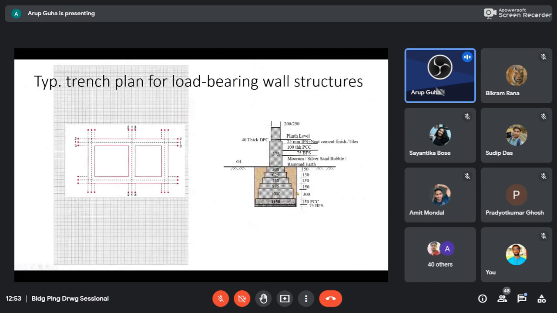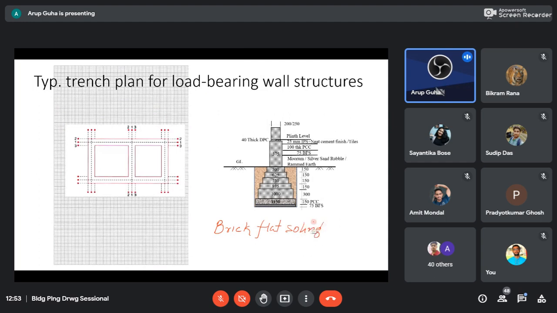And then what happens? This is your foundation detail. Okay, so this is the width. Below we have brick flat soling. BFS is brick flat soling.